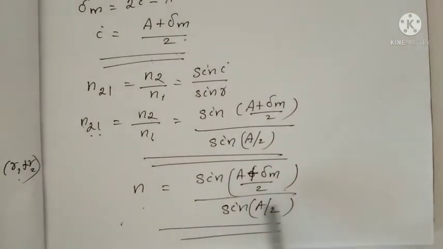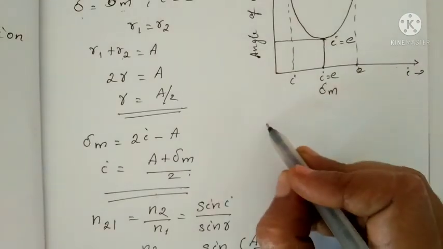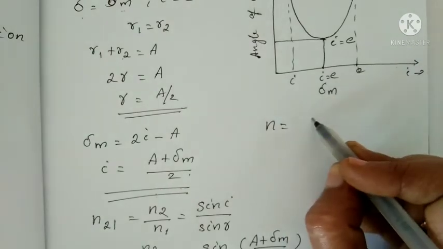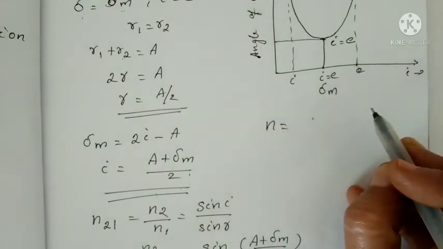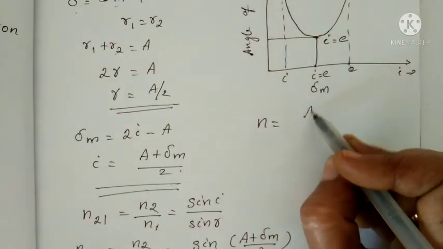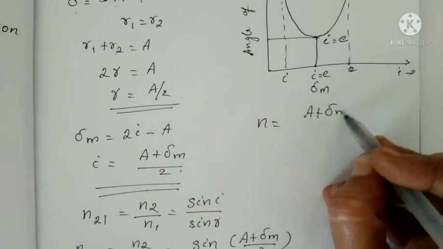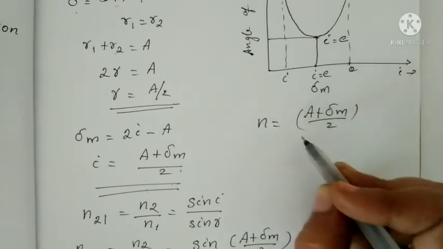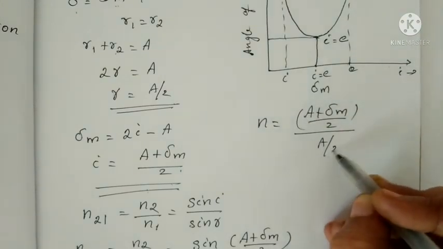In that case we can write the last equation, n equal to sine of A plus delta m by 2 divided by sine A by 2. Since the angles are very small, sine theta is approximately equal to theta. So we can write A plus delta m by 2 divided by A by 2.